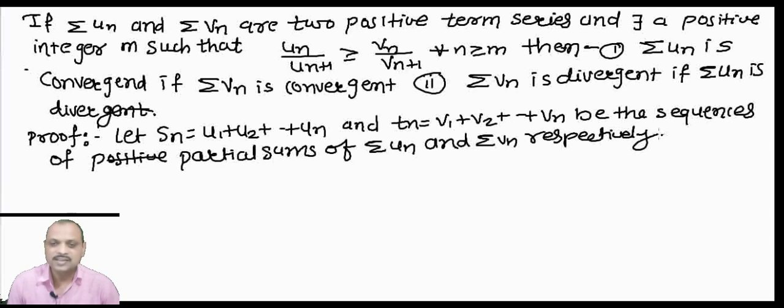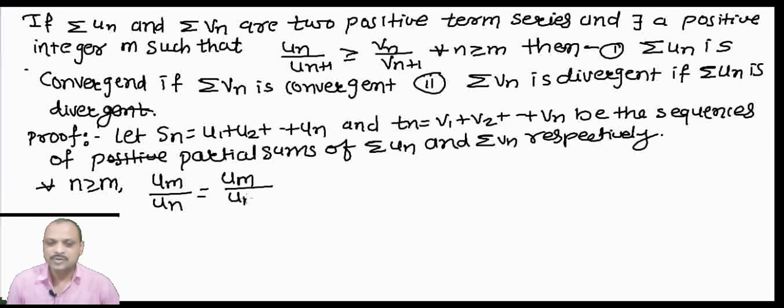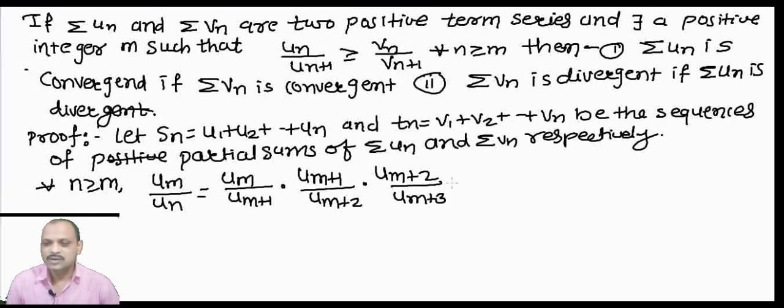Now here it is given that for all n greater than or equal to m, we have a relation between the two series. We write um divided by un equals um divided by um plus 1, into um plus 1 divided by um plus 2, into um plus 2 divided by um plus 3, and so on, up to un minus 1 divided by un.